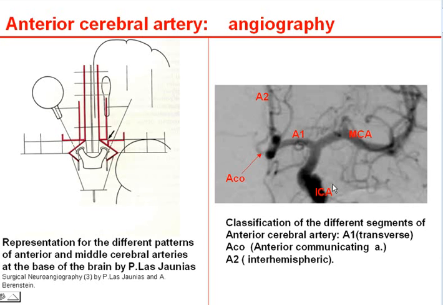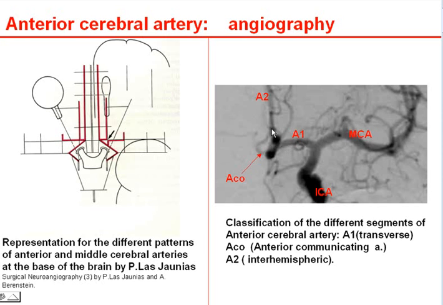The anterior cerebral artery again has a couple of divisions. There is A1 and A2. A1 is the transverse horizontal segment, which runs within the very proximal portion, and the anterior communicating artery comes at the end of the horizontal segment.